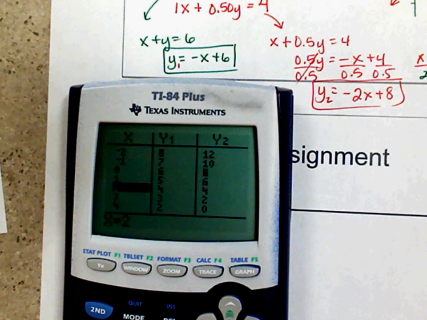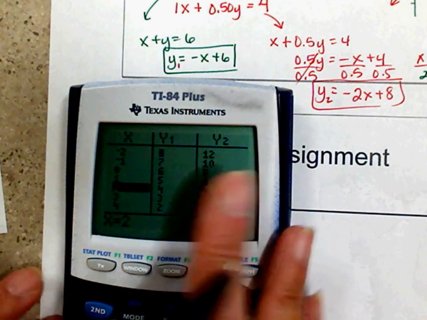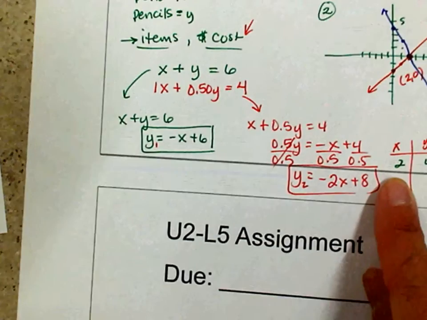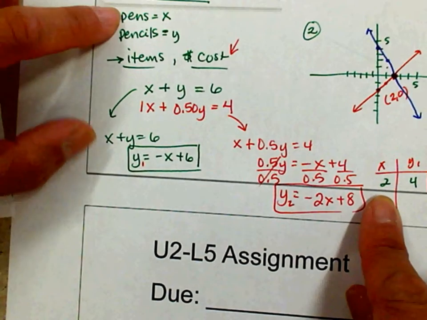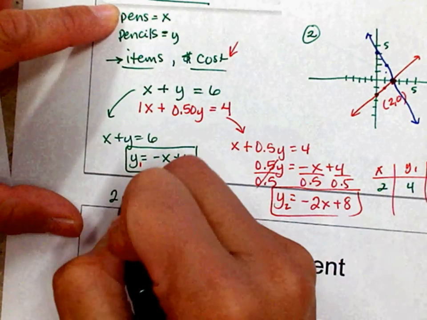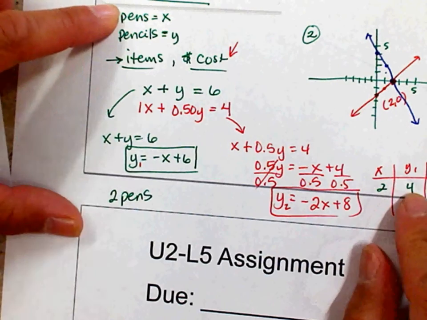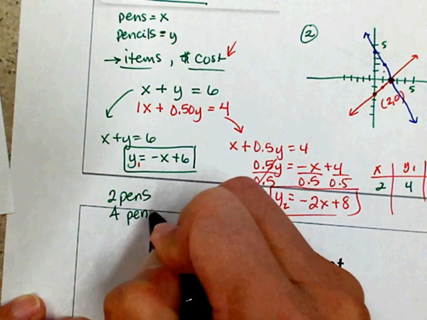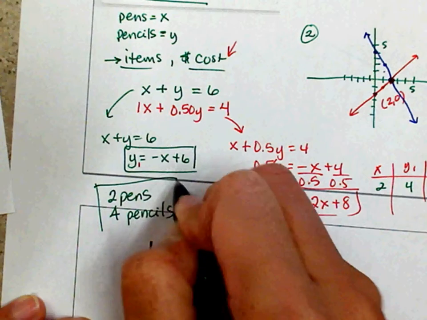All right? So how many did they buy? Well, x is pens. So they bought 2 pens. And what is y? How many pencils? 4 pencils. And that's how they got that solution. Okay?